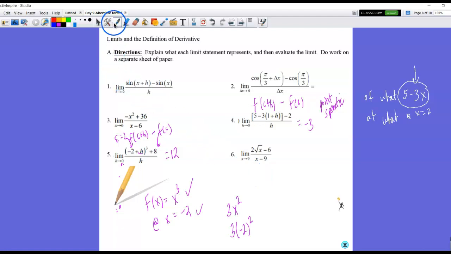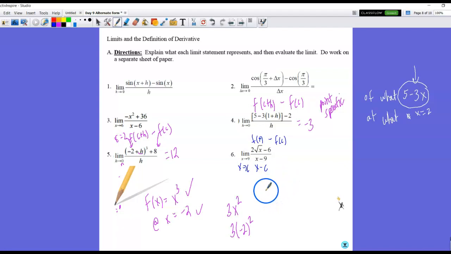So it's an alternate form of the derivative. And then the last one on this page, I have a variable and a variable, so I have an f of x minus, since I have a number back here, it looks like an f of c over x minus c as x approaches c. So it's the alternate form of the derivative.